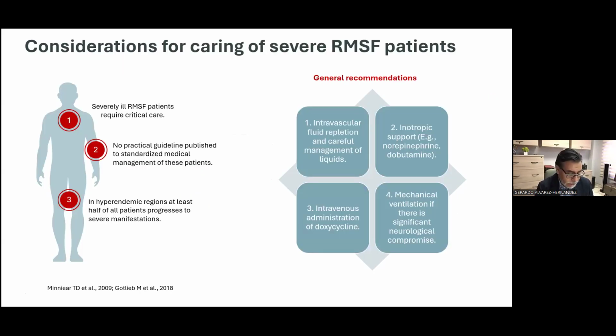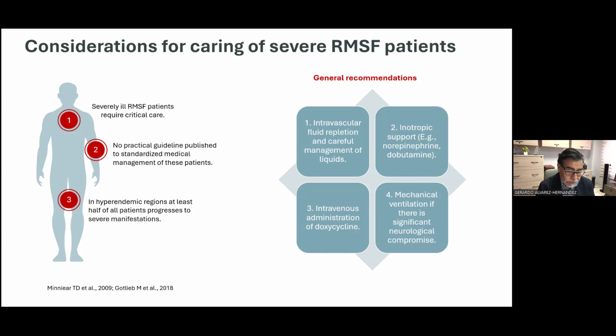So I want to emphasize the importance to take into account four specific considerations for caring of severely ill patients. Number one, we need to be very careful about the management of liquids for intravascular fluid repletion. We need to provide careful inotropic support. We need to provide intravenous administration of doxycycline.